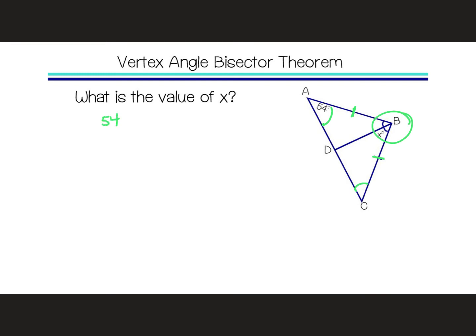If I take 54 plus 54, that gives me 108, and 180 minus 108 is 72 degrees. So all of B would be 72 degrees, but x is just half of that. We'll divide this by 2, and that gives us 36 degrees for x.